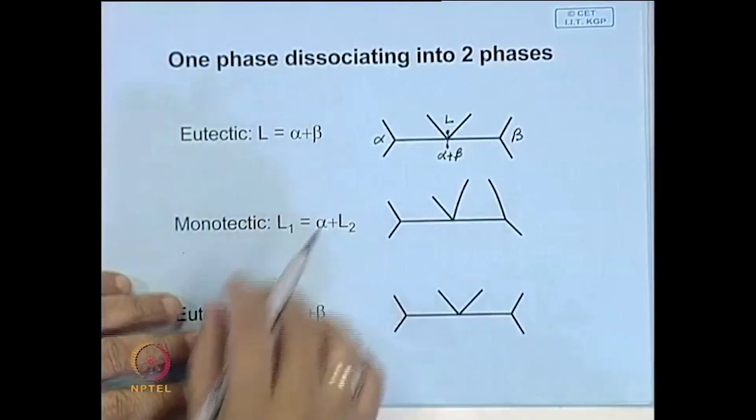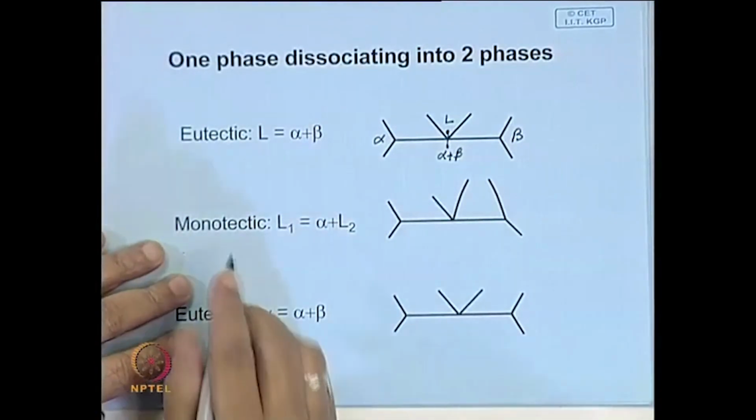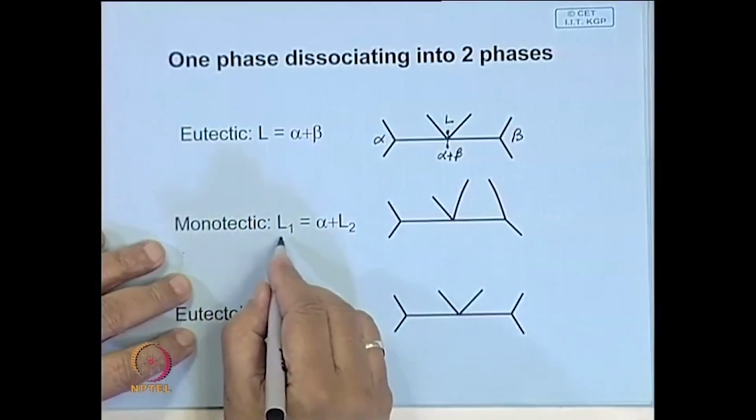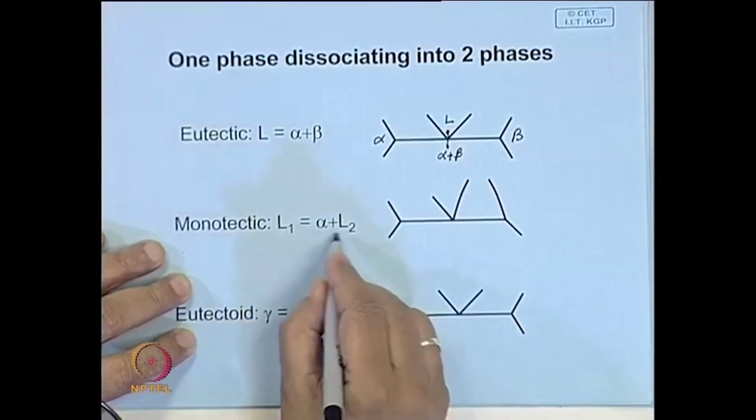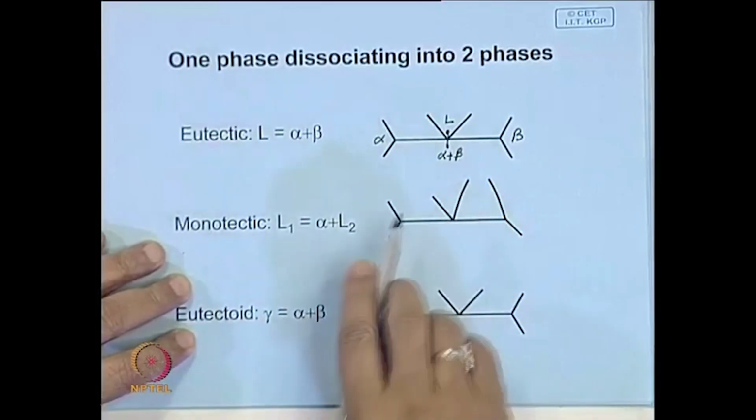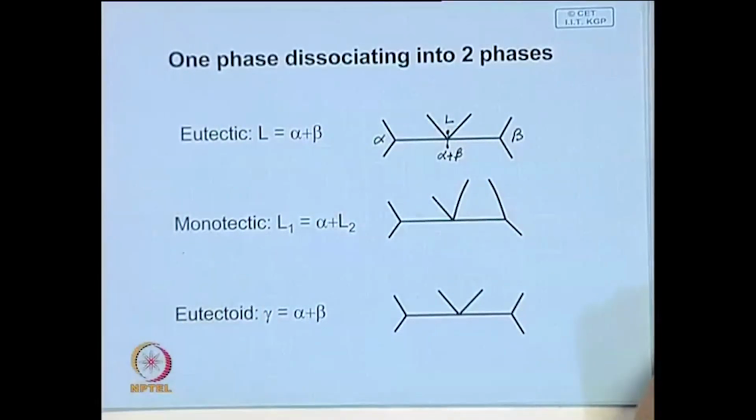Now, we can extend this in cases where the liquids also can have a solubility limit. There are several examples in liquid which you can think about. Try and mix oil and water, they do not mix.